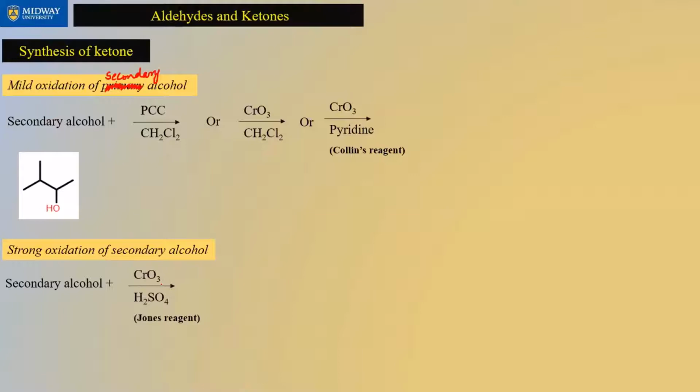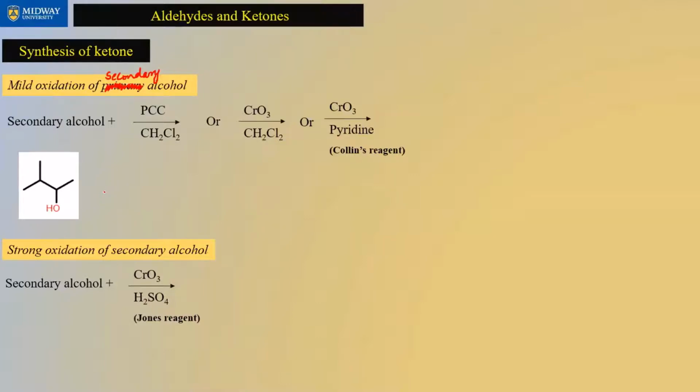Again, you see that sulfuric acid makes it very aggressive, and this is called Jones reagent. This also oxidizes a secondary alcohol to a ketone, whereas some of these reagents, which are milder oxidizing agents, also oxidize the secondary alcohol to a ketone.